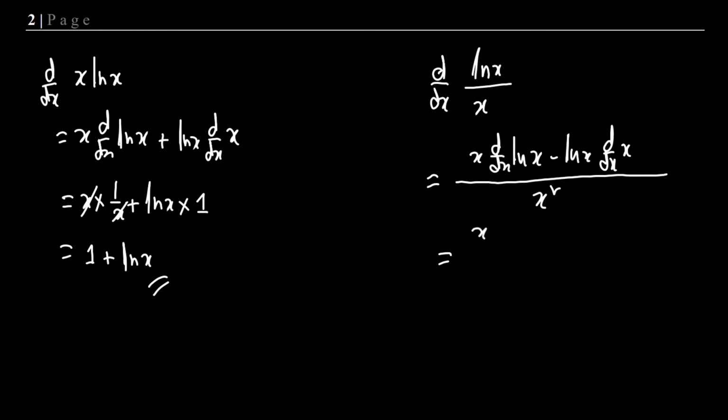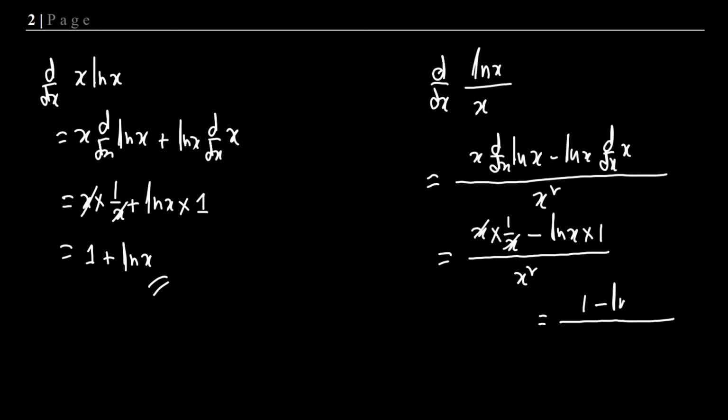So just write here x into 1 by x minus ln x into 1, and denominator we needed to write x square. So finally we got from here x and x we can cut out, 1 minus ln x, and on the denominator x square. So this is the answer of this question.